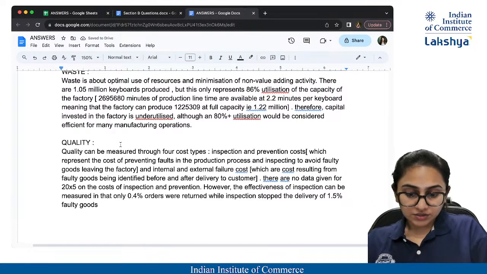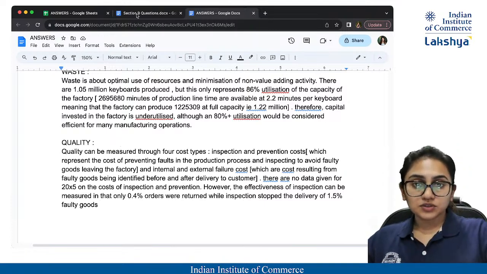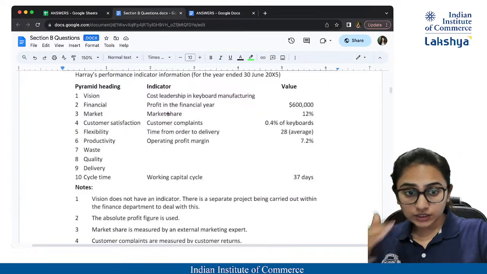So returns were only 0.4%, but the delivery was of 1.5% faulty goods.